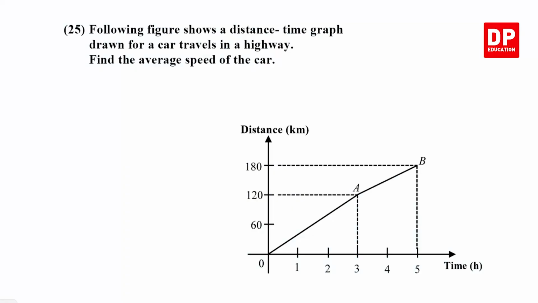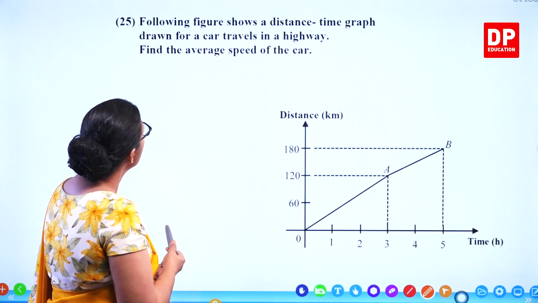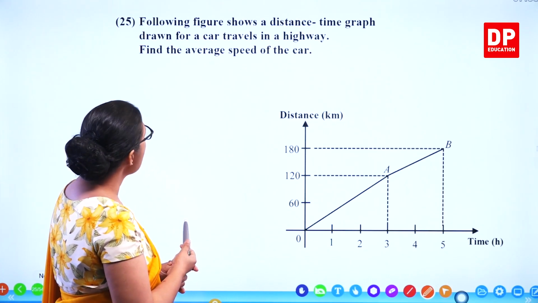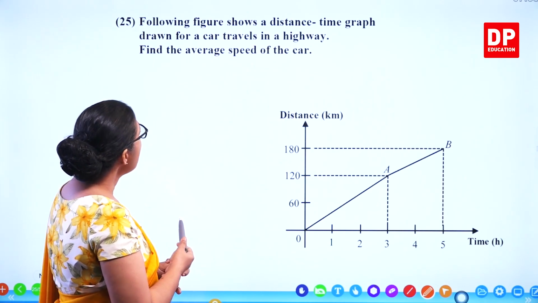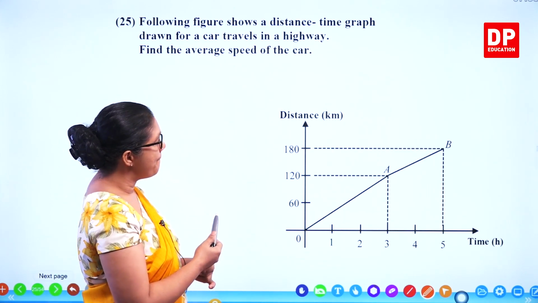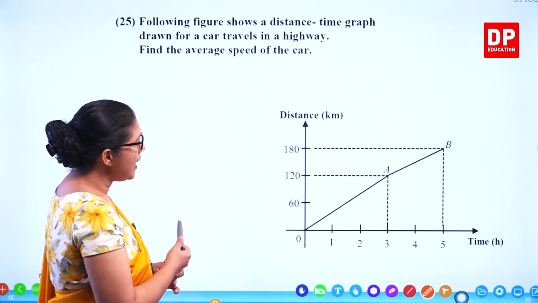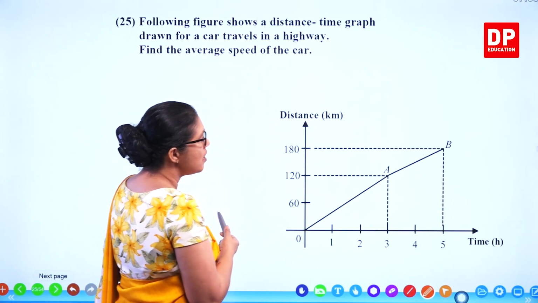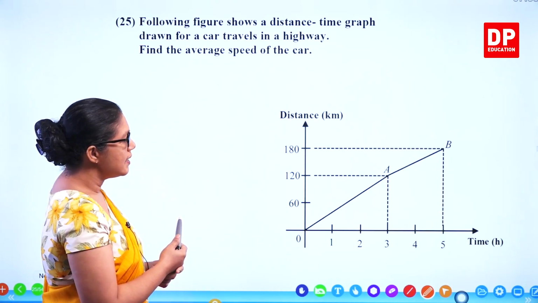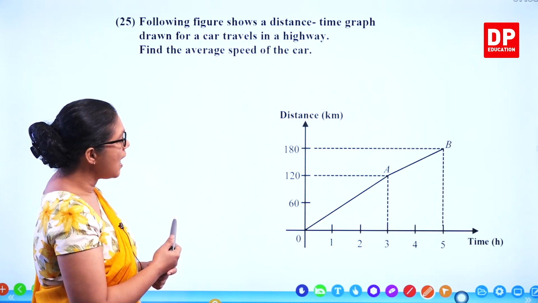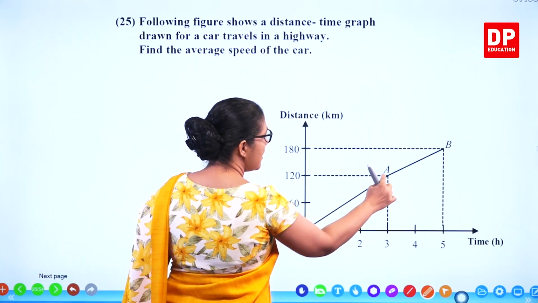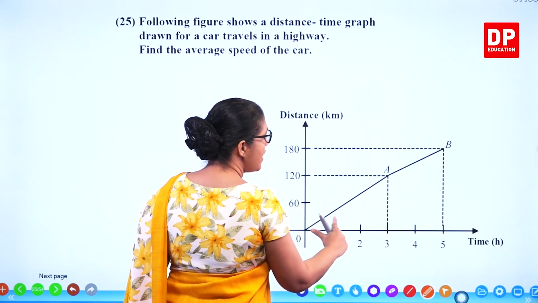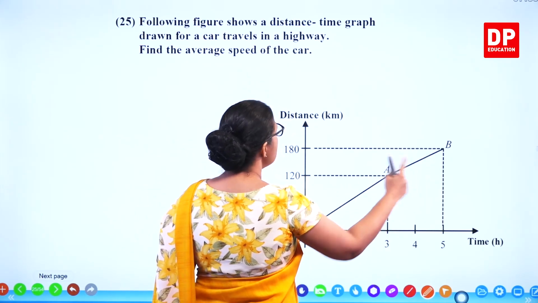Question number 25. This is the last question in part A. The following figure shows a distance time graph drawn for a car traveling on a highway. Find the average speed of the car. Average speed is the total distance traveled divided by the total time.